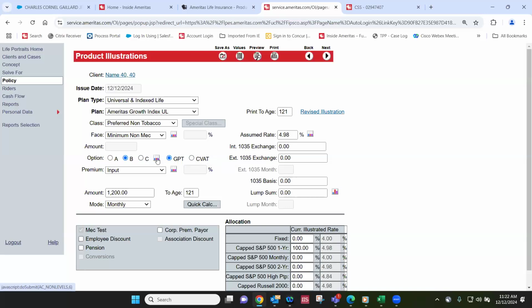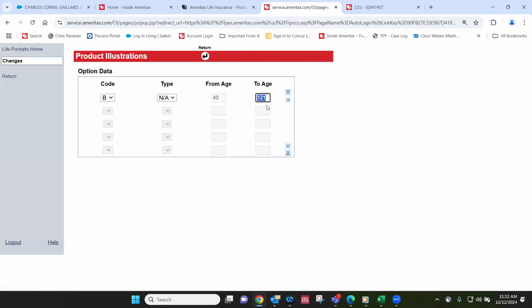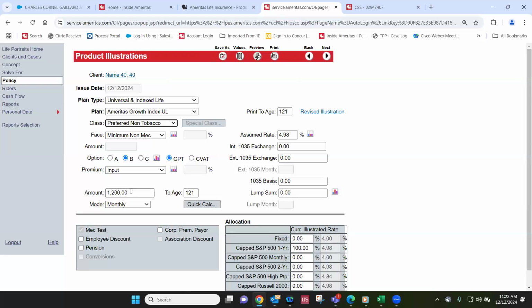So for the sake of pretty common normalcy here, we'll fund to age 65, and then at age 65, we'll switch it to death benefit option A. So you're going to have B from 40 to 65 and option A from 65 on. We'll hit the return button. Next thing is we need to leave this premium on input, because how much on a monthly basis is this gentleman going to contribute?